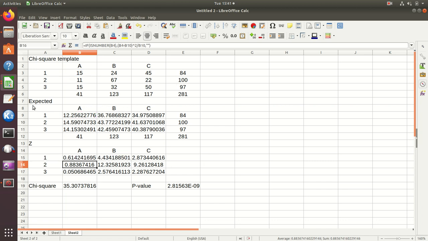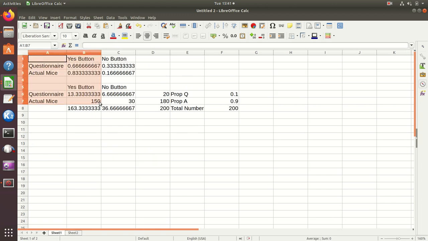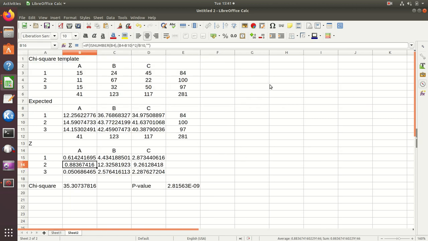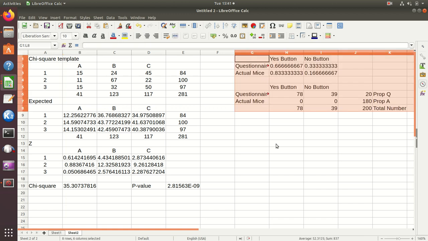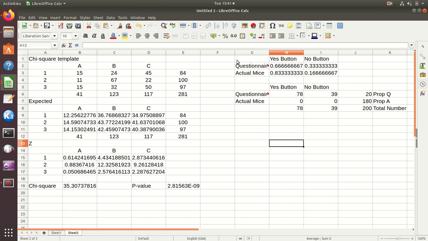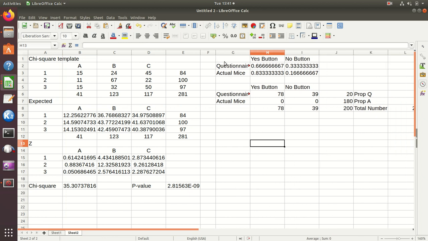And so if I have that, I can take this whole thing and highlight it, and I'll copy it. And the nice part is, if I just come over here and paste it, there it is. And I'll shrink this down a little bit so we can see, well, not quite everything.